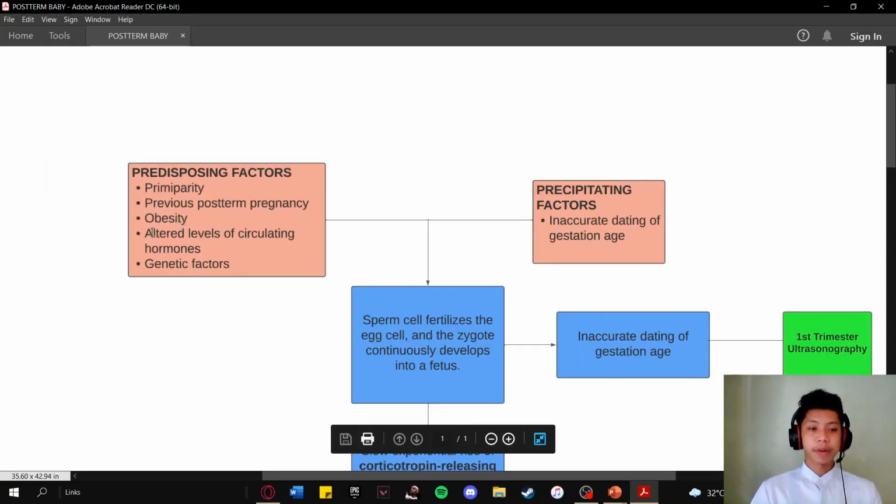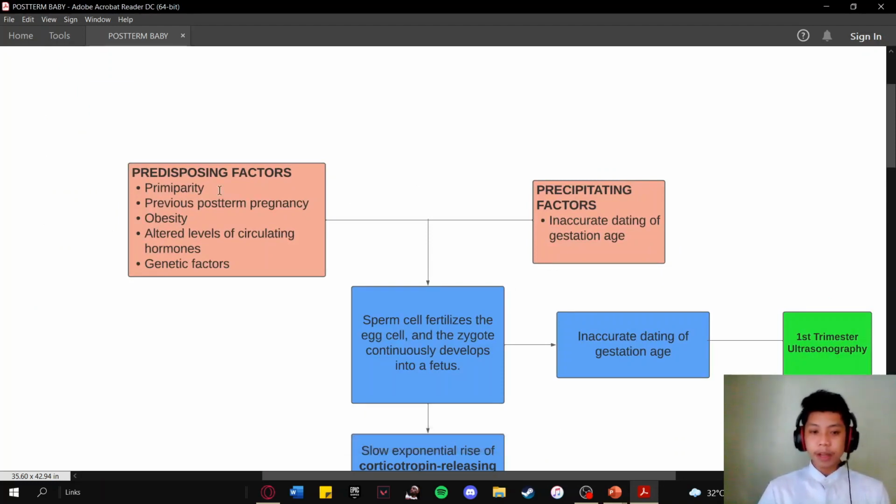So we have here predisposing factors and precipitating factors. We have here the primiparity, of course, because according to researches or studies, primiparity and postterm pregnancies have a common occurrence between the two.